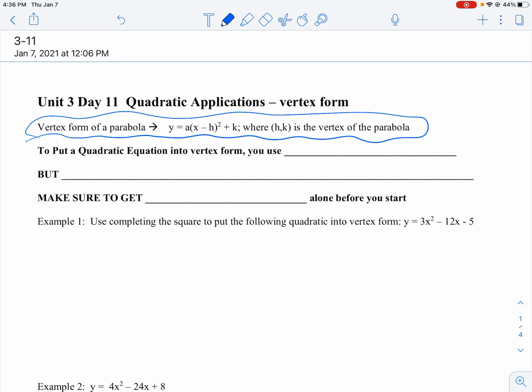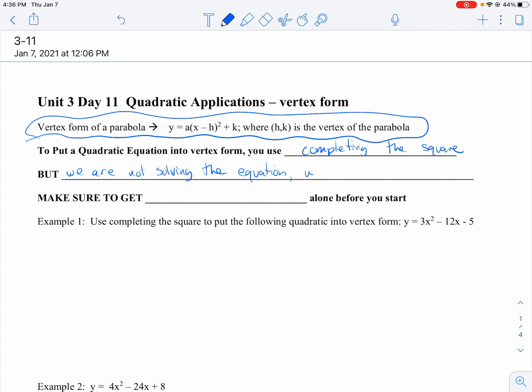And to put a quadratic into vertex form, we are going to use completing the square. But we are not solving the equation.